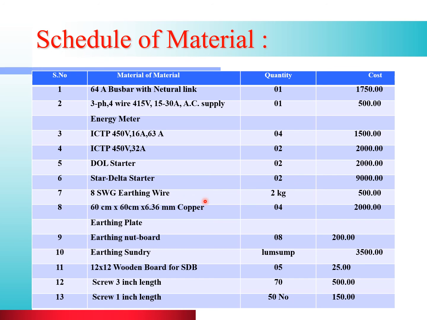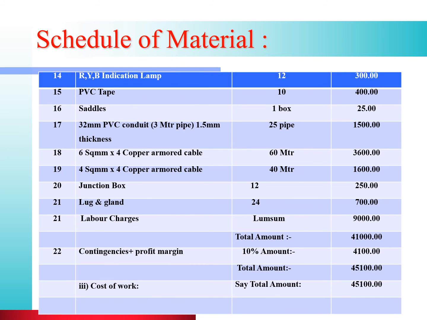Then 8 SWG earthing wire 2 kg is required. Then earthing plate 4 number, earthing nut bolt, earthing sundry, wooden bolt, then screw 3 inches and screw 1 inch as per the requirement. RYB indication lamp 12 number is required, that is approximately 300.